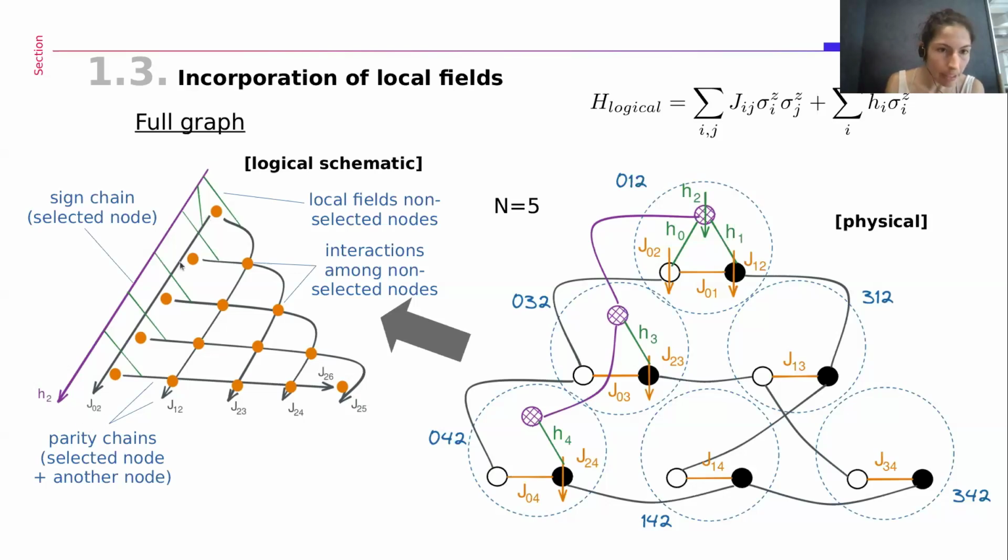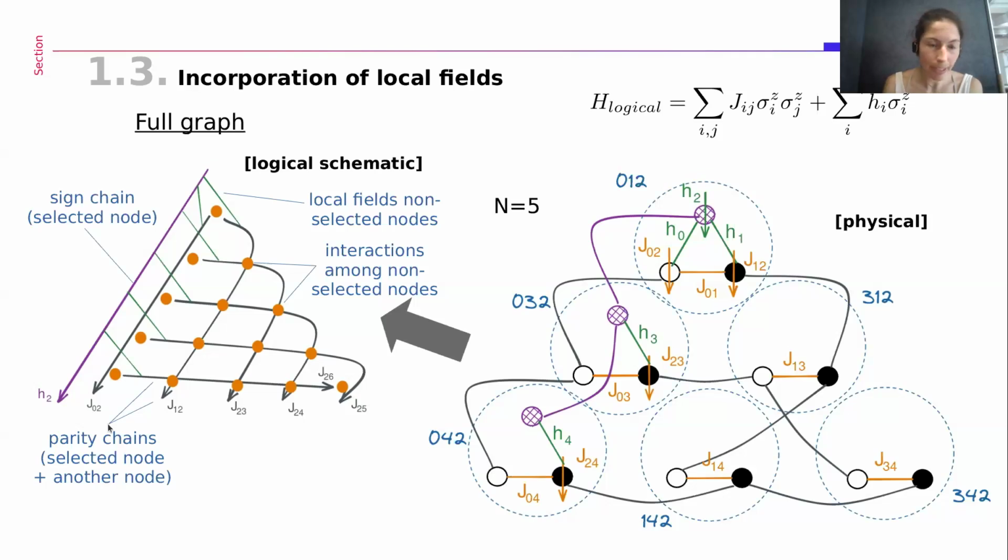So here you see that these logical chains would carry the information of the parity between node 2 and node 0, node 2 and node 1, and so on and so forth. And the additional chain that we just generated is just carrying the information of the orientation of the selected node.